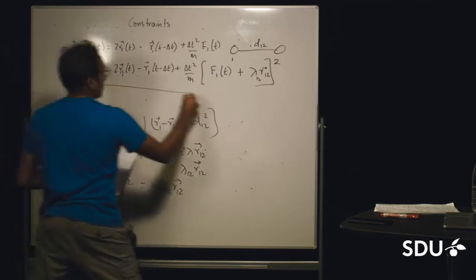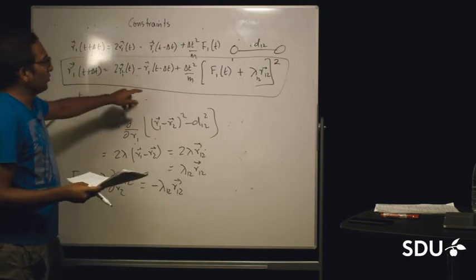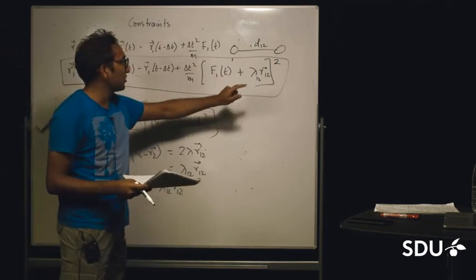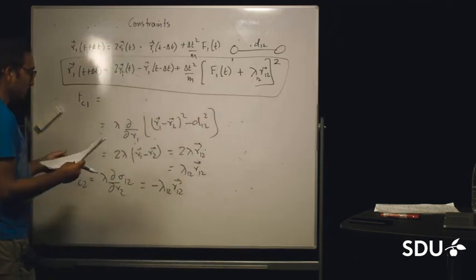So this is the modified Verlet algorithm when you have a constraint in the system. This is for one constraint. If you have several constraints, then you have to sum up over all these constraints.